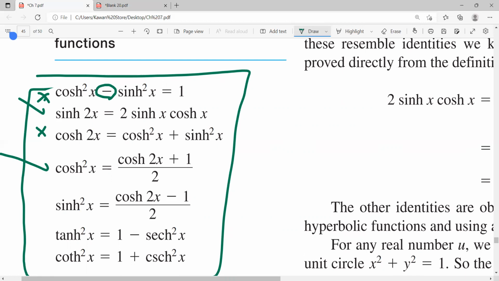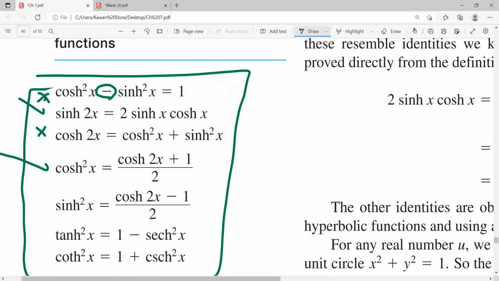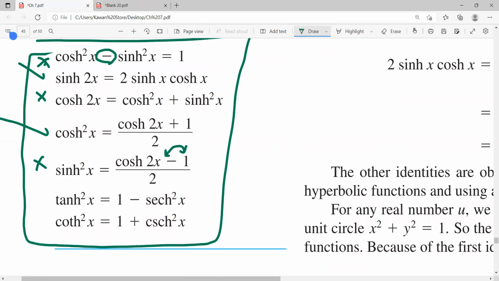The same or not? For example, we say sine squared of x is equal to 1 minus cosine 2x over 2, right? Compared with that one, with sinh squared, you can see there's a difference. So it's not the same thing. Try to compare with that one and it will be easy for you.